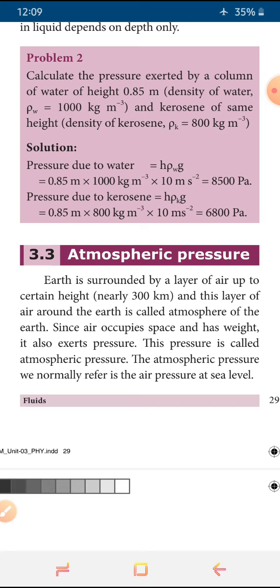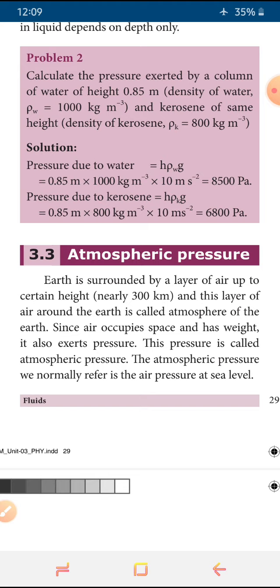Next is atmospheric pressure. So what is atmospheric pressure? Our Earth is completely surrounded by gas, and the combination of gases is called air. This air is made up of atoms and molecules, and these atoms and molecules give pressure in all directions.